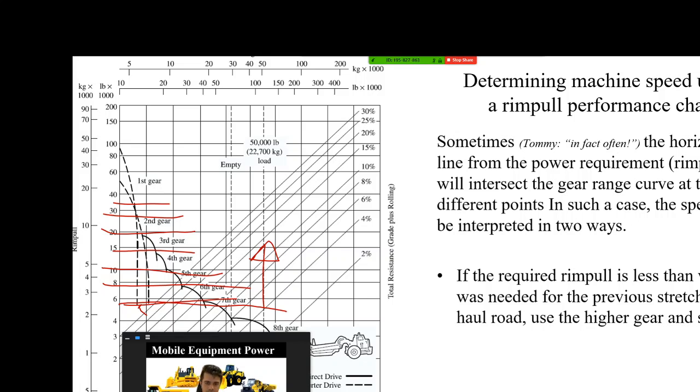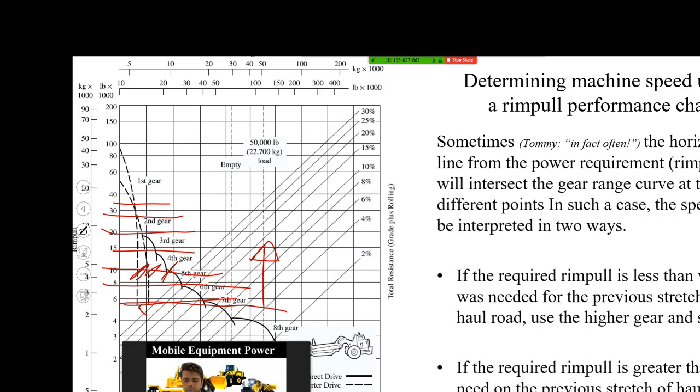If it intersects more than one gear, for example this, this, and this, you select the higher gear and the corresponding speed. And vice versa.